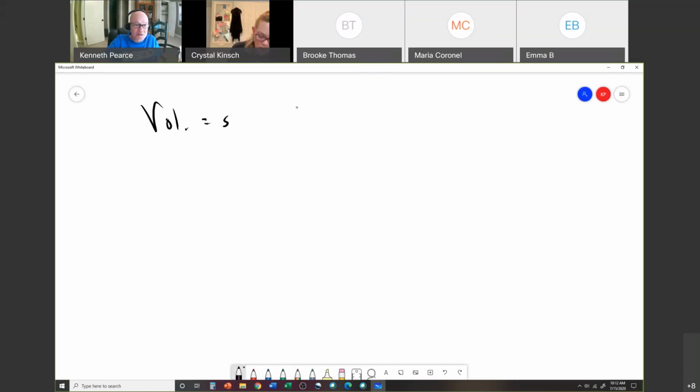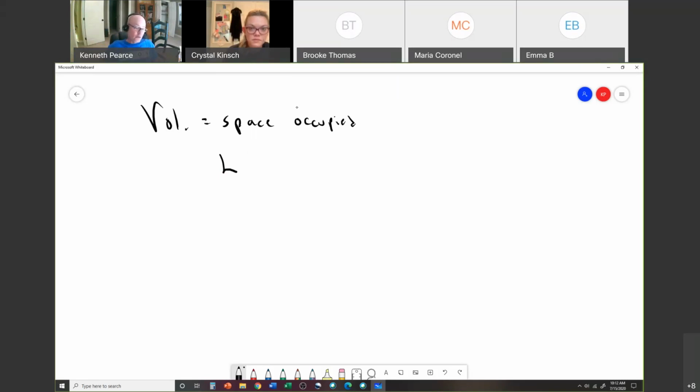That's the space occupied. And generally speaking, we're going to use liters. Now, the SI unit for volume, the space occupied, is meters cubed. But a meter cubed is pretty big. If you think about it, it's a box this big by this big by this big. It's an impractical number for what we're going to use.